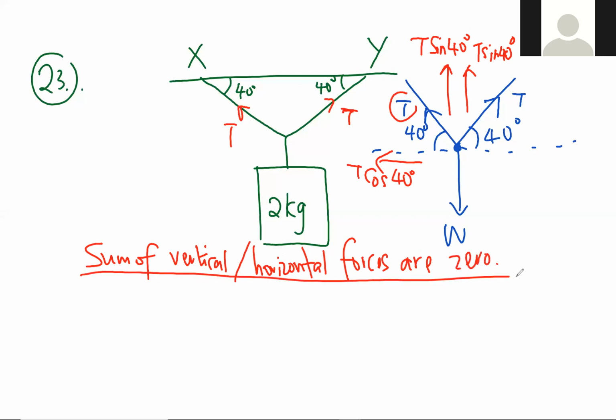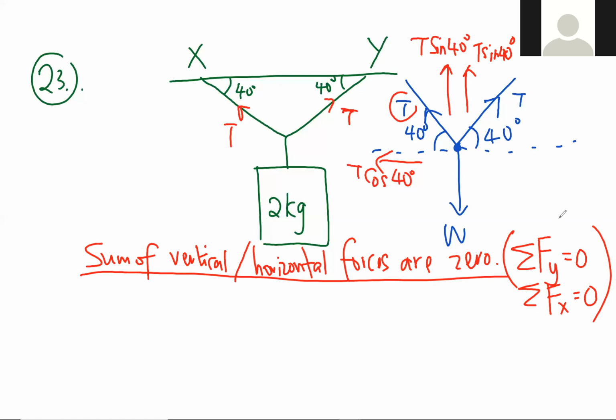You can write this as summation of Fy equals 0, or summation of Fx equals 0. This simply means that the sum of all vertical forces is 0. If you add them up together, you will get 0 for an equilibrium system.